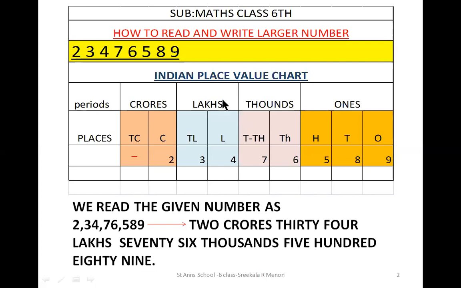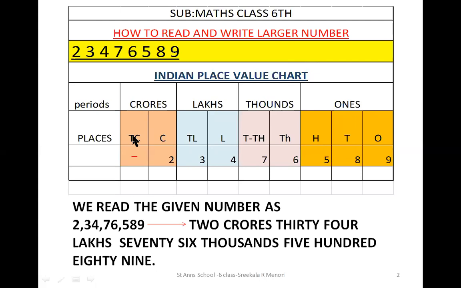Here you can see the Indian place value chart. I know you are very familiar with this numeration chart. In this place value chart, you can see 9 places: ones, tens, hundreds, thousands, 10,000s, lakhs, 10 lakhs, crores, and 10 crores.